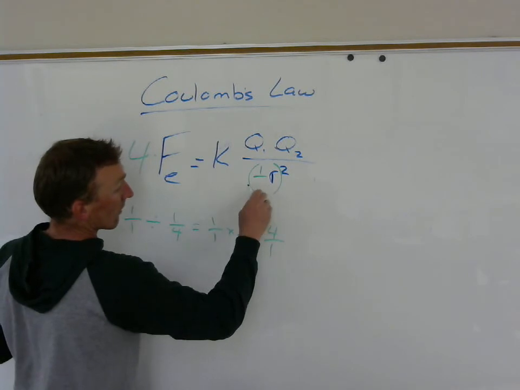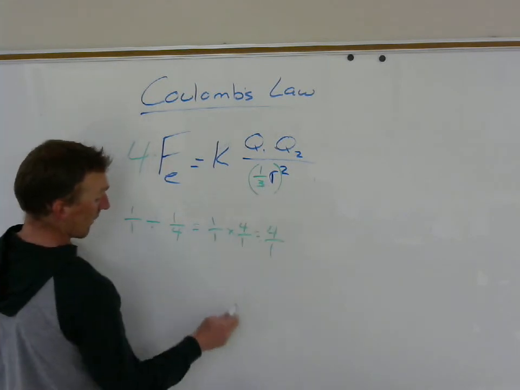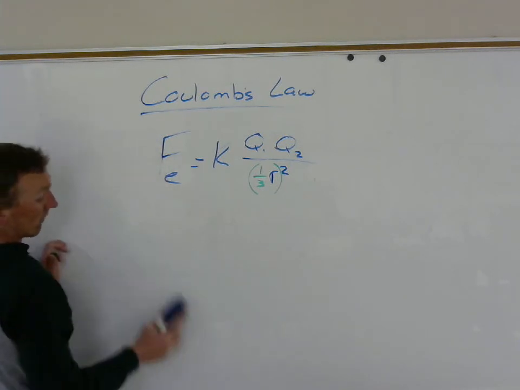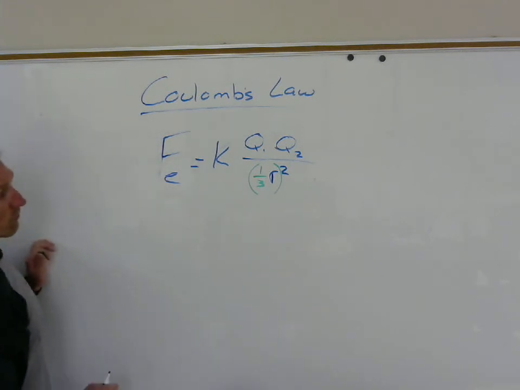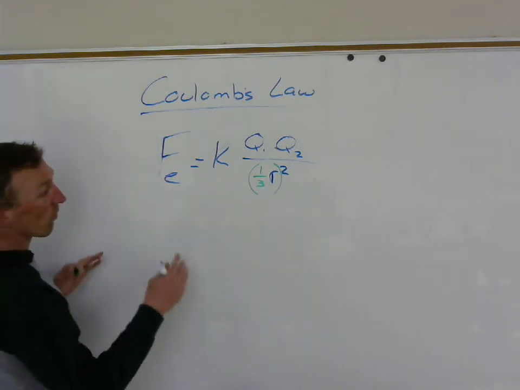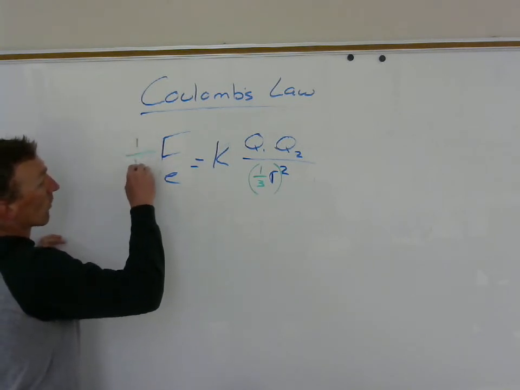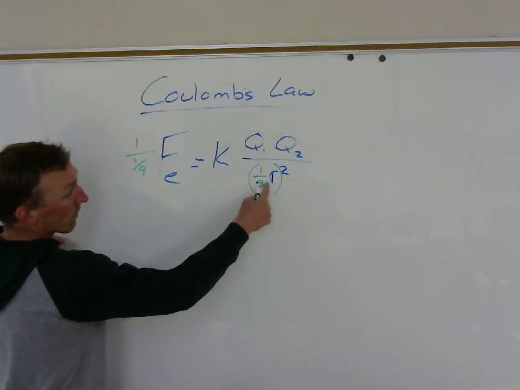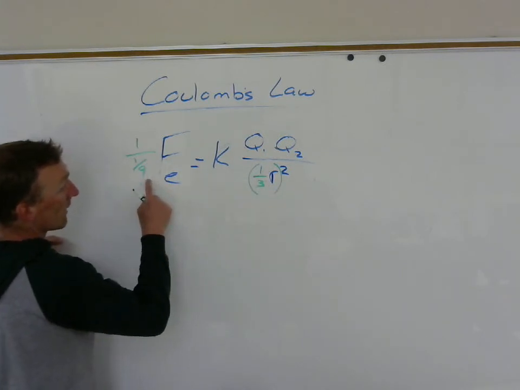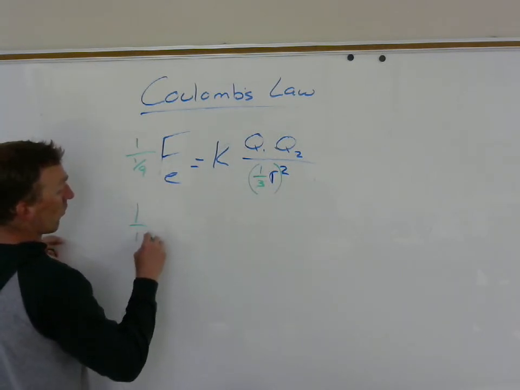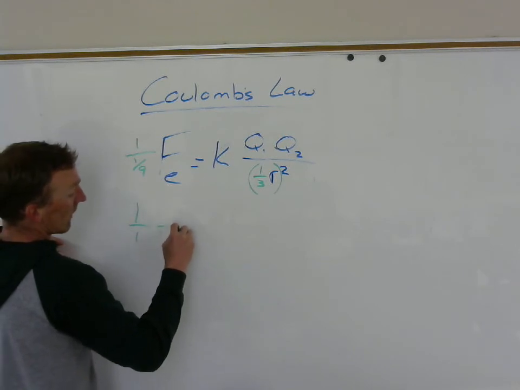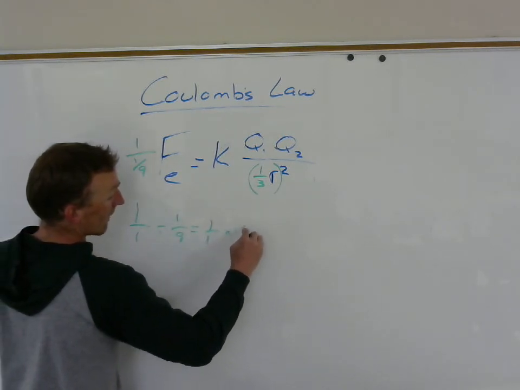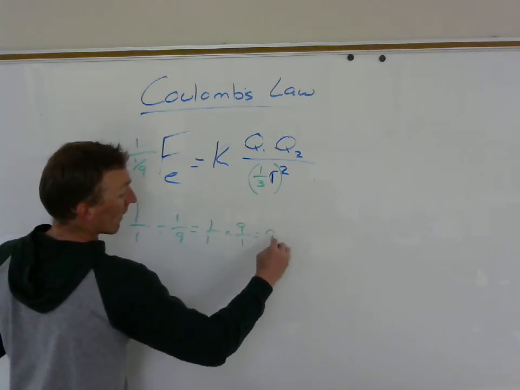So what if I did a third? So now it's even closer. If you go through the whole thing, it's like 1 over 9, because 1/3 squared is 1 squared over 3 squared, which is 1 over 9. 1 over 1 divided by 1 over 9 equals 1 over 1 times 9 over 1.